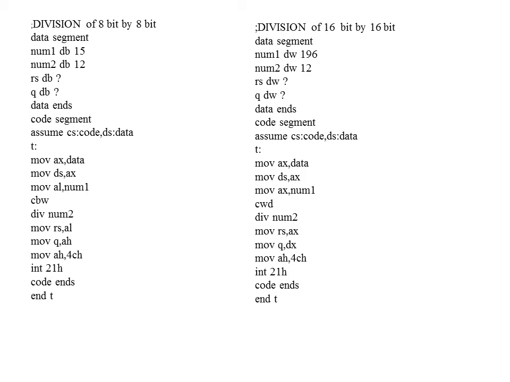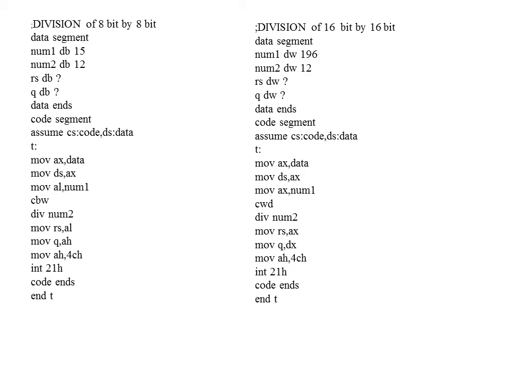If that bit is 1, then 1 is copied into all 8 bit positions of AH register. So AL register content will be converted into AX register. How? CBW. Then we can use div instruction.